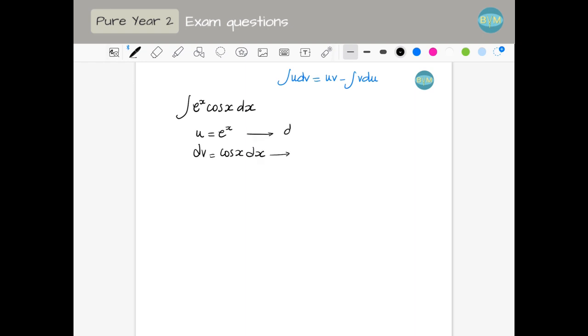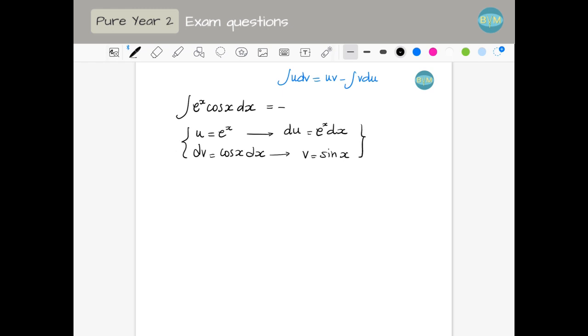To find du, so du is going to be e to the power of x dx. And when I integrate dv to have v, the integral of cos is sine x.